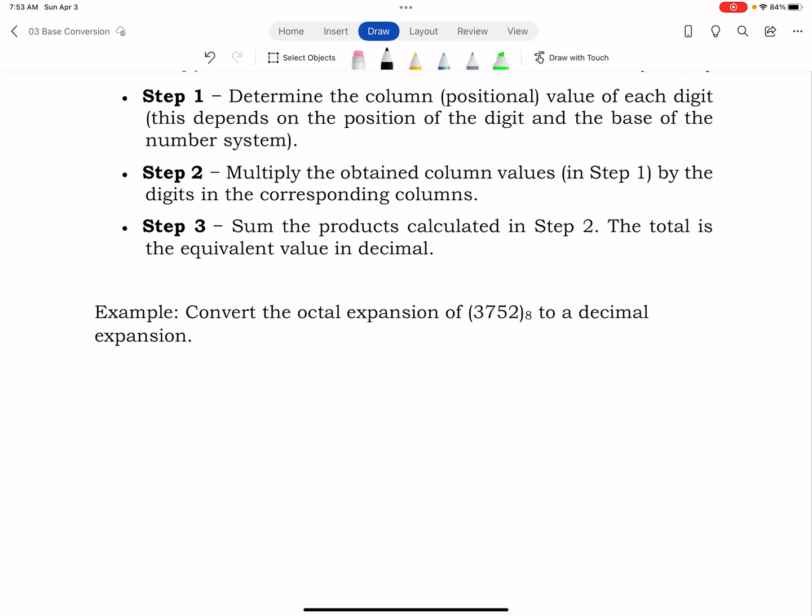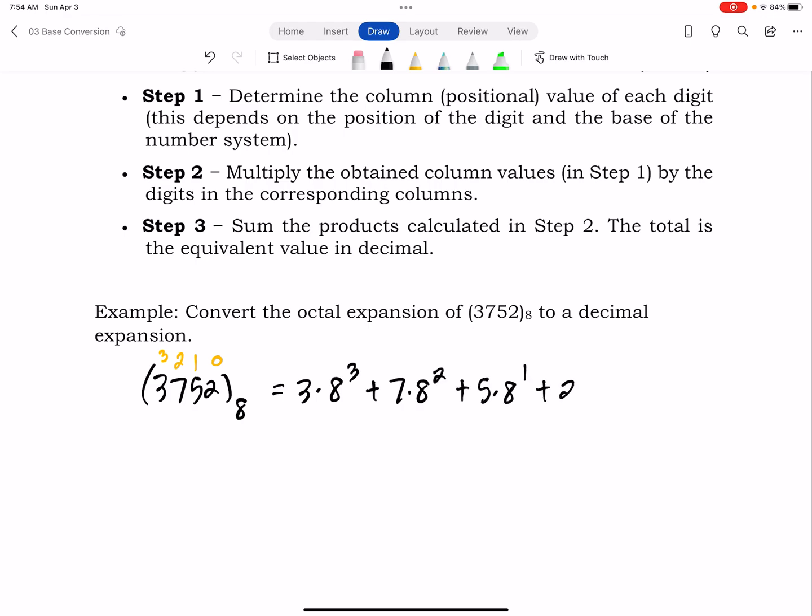It sounds complicated, but look at 3752 base 8. This is the 0 column, the 1 column, the 2 column, and the 3 column. So this is 3 times 8 to the third, plus 7 times 8 squared, plus 5 times 8 to the 1, plus 2 times 8 to the 0.